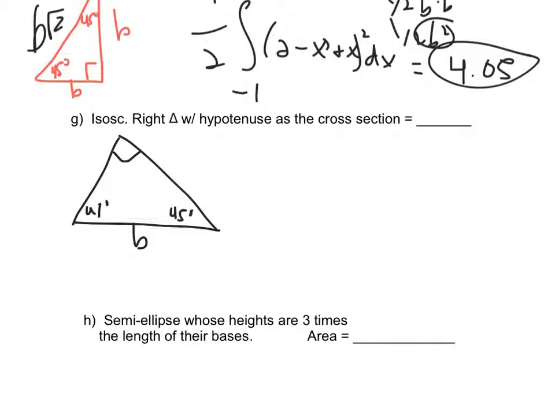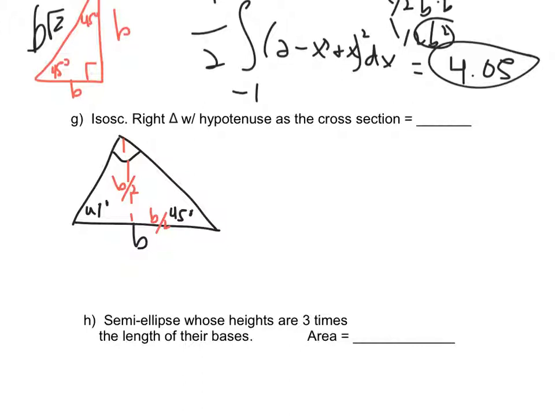And that also means that you can figure out your height if you cut this right here. That also means that your leg here is going to be b over 2, which means that this is also b over 2 because they're congruent, because it's 45, 45, 90.